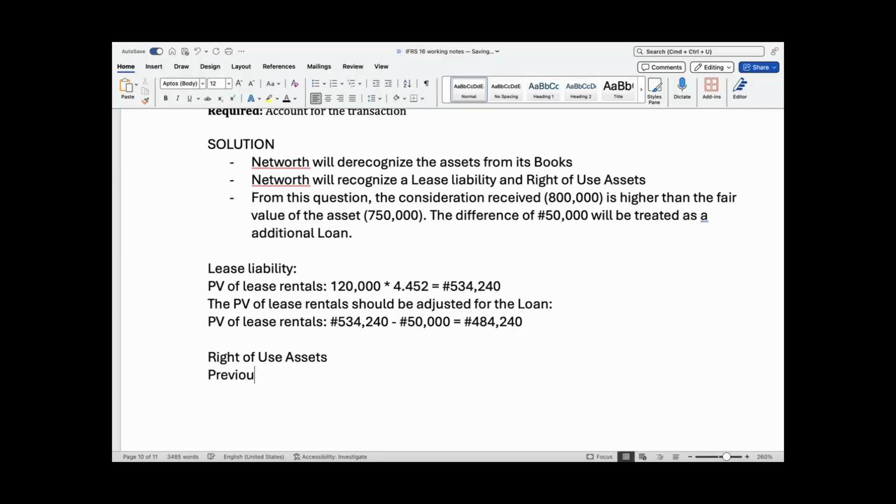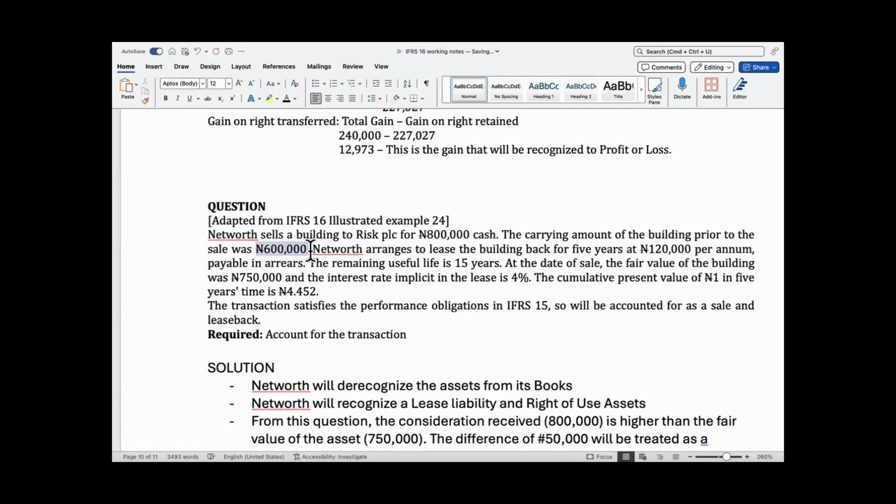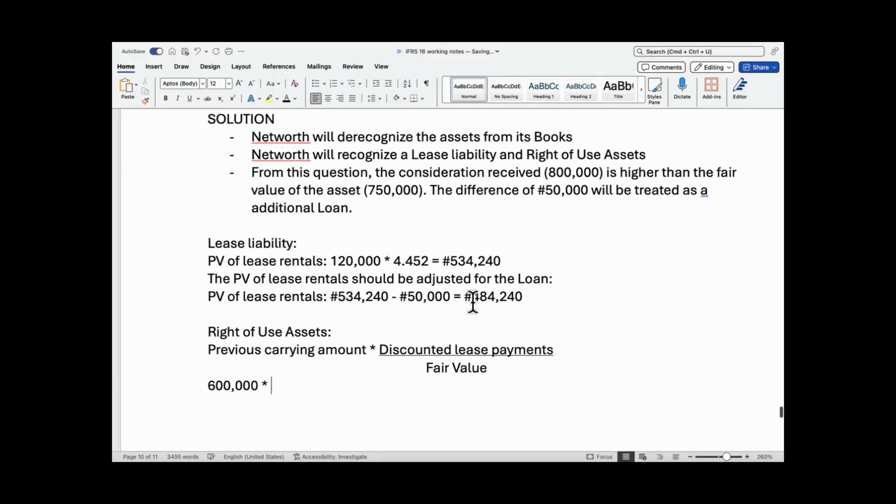We said we will calculate it as the previous carrying amount times the PV of lease rental or discounted lease payments divided by the fair value of the assets. The previous carrying amount of this asset was 600,000. It told us the carrying amount before sale is 600,000.